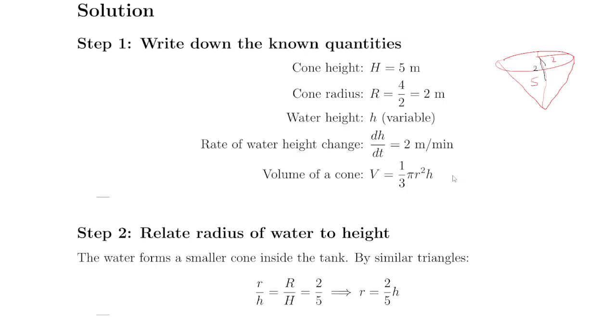So what we'll do is have the radius of the water divided by the height of the water, and that's going to equal the radius of the cone over the height of the cone.